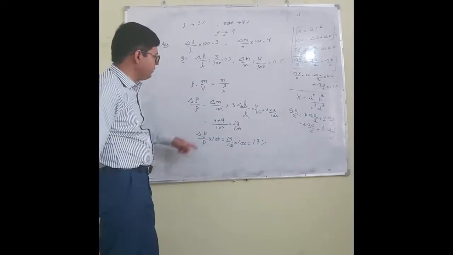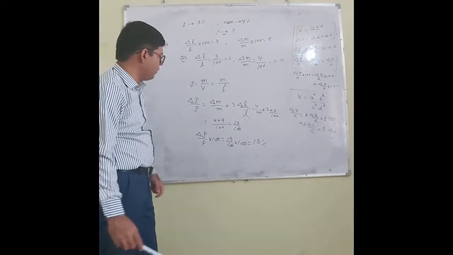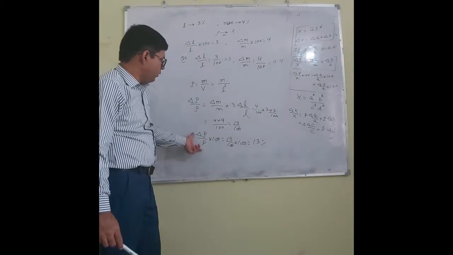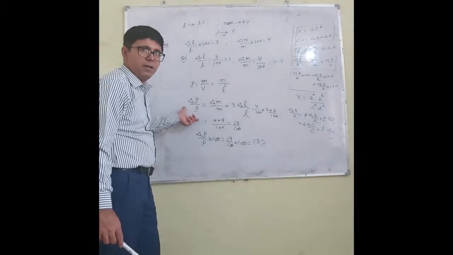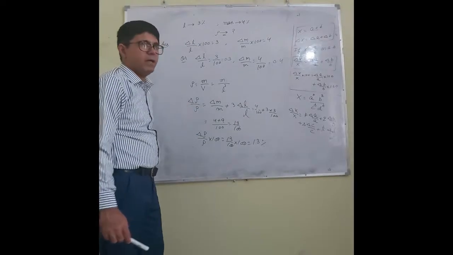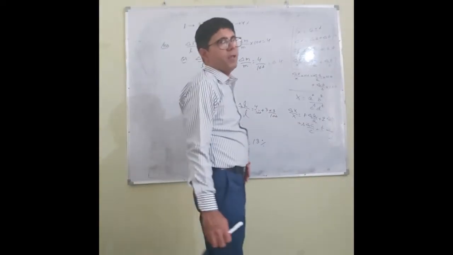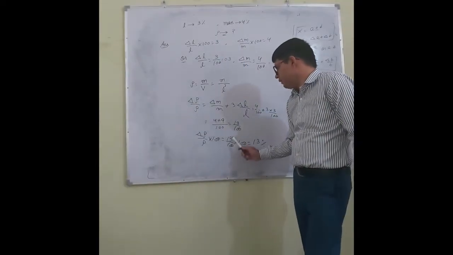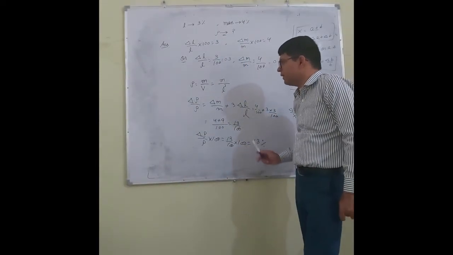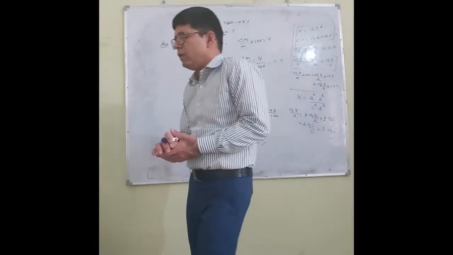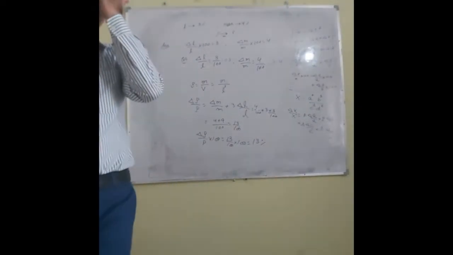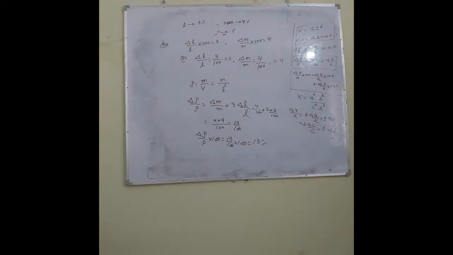When you solve this, 4 plus 9, 13/100. So this is the relative error in density. So what is the percentage error in the density? It will be 13/100 multiplied by 100, that is 13%. So 13% is the error in the measurement of density.